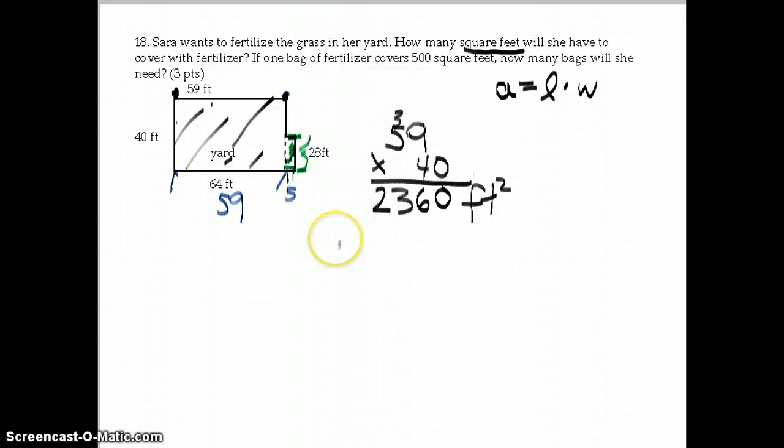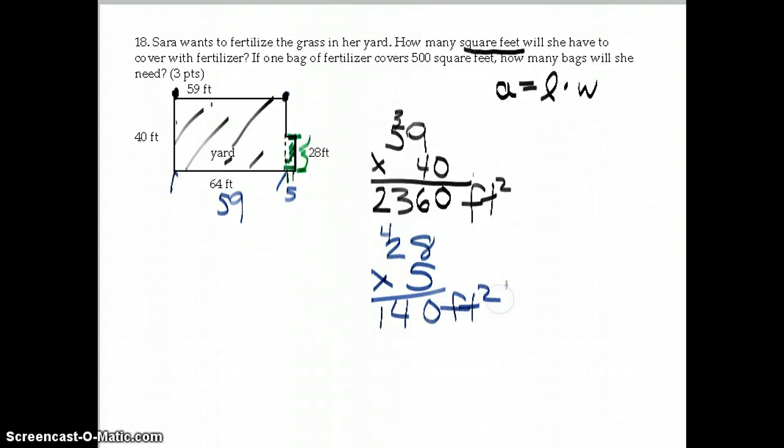on the edge. So then we're going to find the area of this small rectangle by multiplying length times width. 28 times 5, and we find that the area of that little part of the yard is 140 square feet. So we need to figure out then what is the total area of the yard.